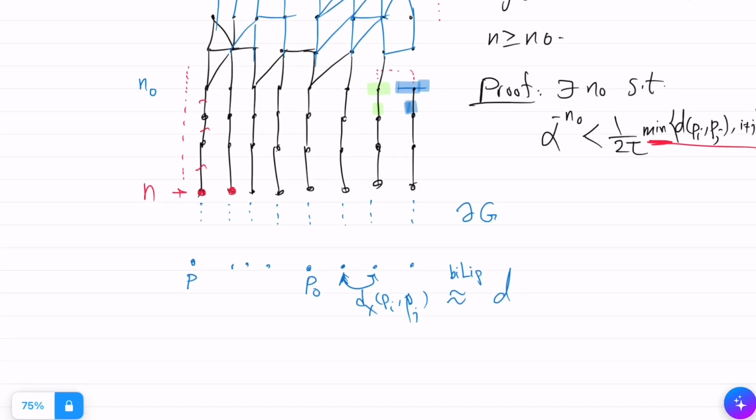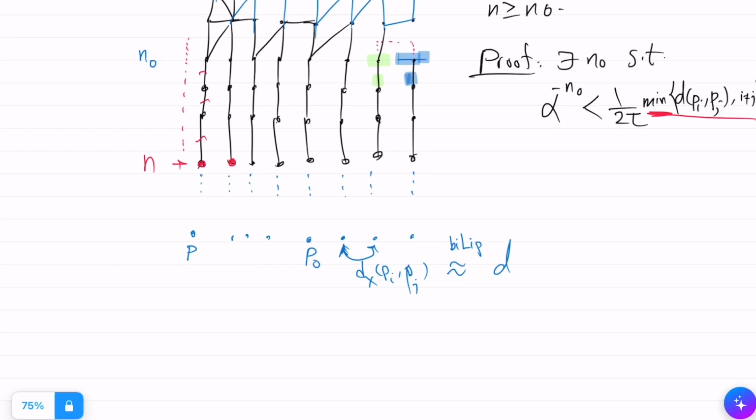And we will see that by constructing that metric the right way, the distance on the boundary of the graph of these pi pj's will be bi-Lipschitz comparable to the original distance that they had in the original metric space x, which lies here. So x will be equal, up to bi-Lipschitz, to the boundary of the graph.